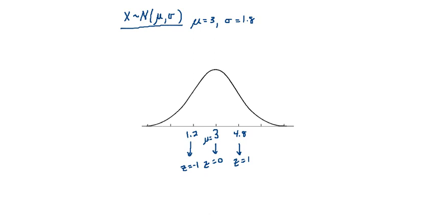If you put in 4.8, we'd say z is equal to 4.8 minus 3 divided by 1.8. And a little bit of algebra shows you get 1.8 divided by 1.8, which is 1. So that's 1 standard deviation to the right. So, okay, now let's go back to the problem.